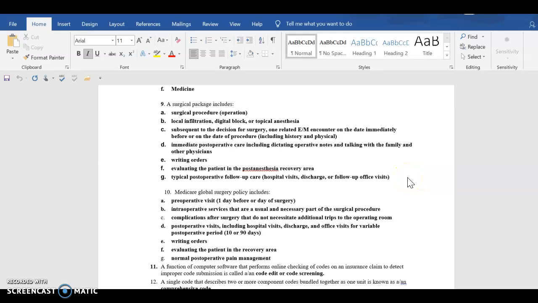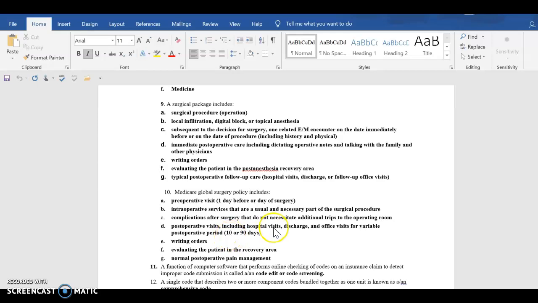Surgical package, this is what all involves. And you may have to pay attention to this, especially if you are working, once again, in dermatology. Somebody comes in and let's say they excise a mole, but it was pretty deep and they had to put stitches in it. That surgical package is going to be down here probably 10 days.